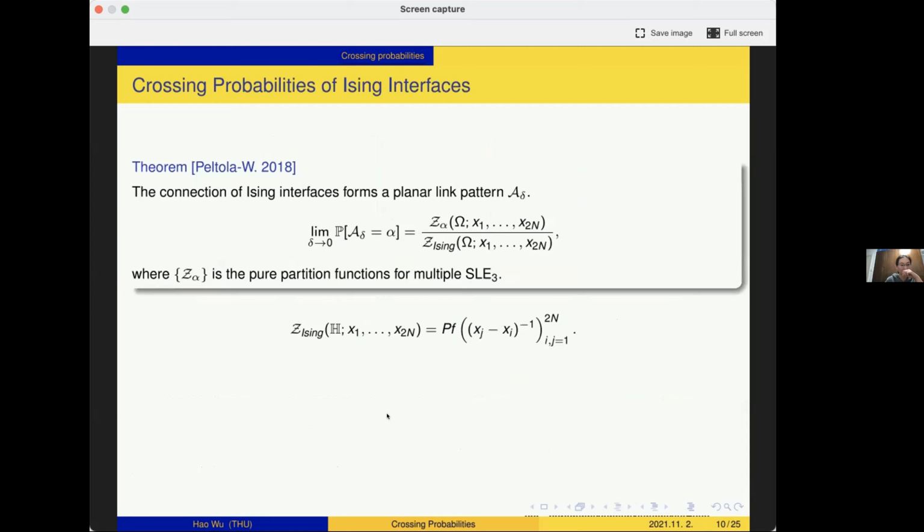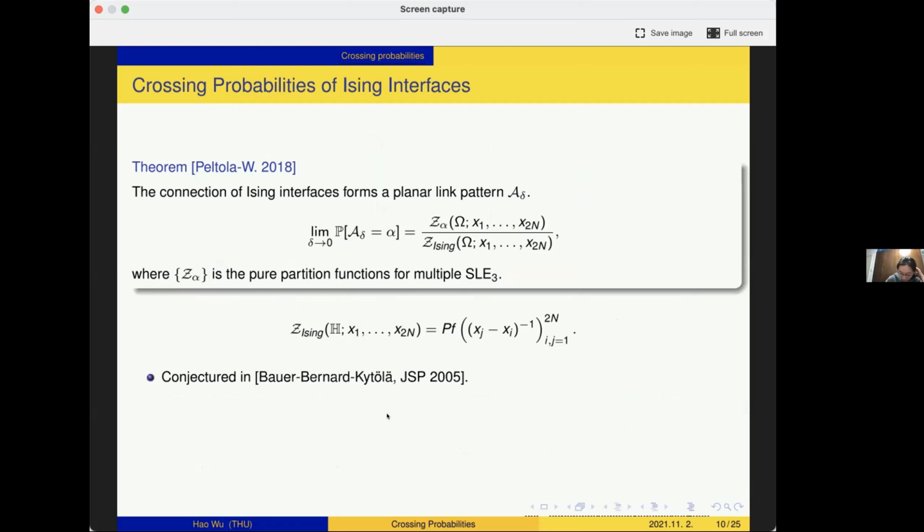So before I give the definition of pure partition functions, let me summarize the history of this formula. In fact, for the denominator, we already know that it has an explicit formula. It is a Pfaffian of the 2n endpoints. After we map everything onto the upper half plane and the 2n marked points become 2n real numbers, this denominator is just the Pfaffian between the endpoints.